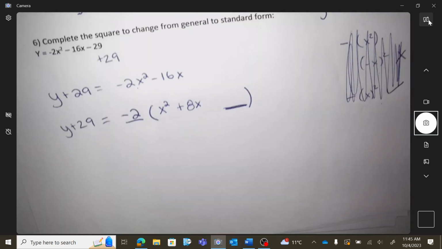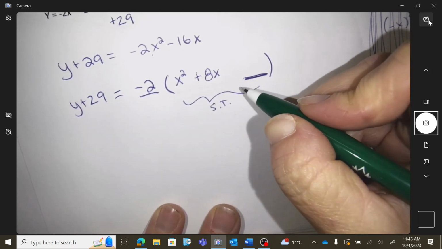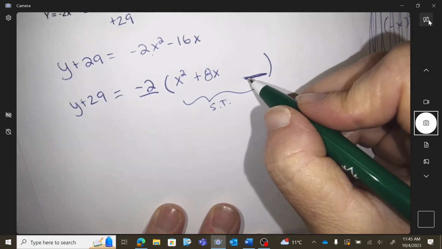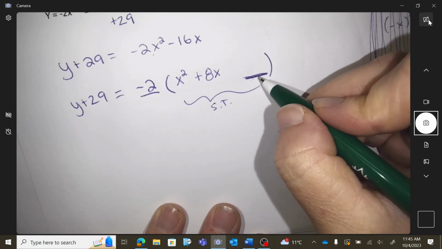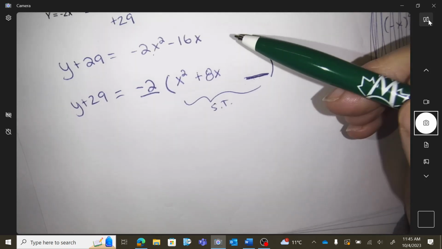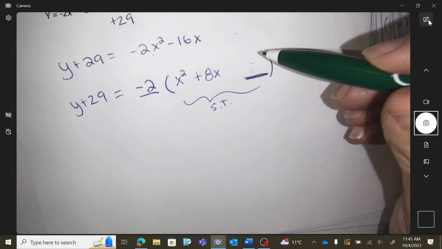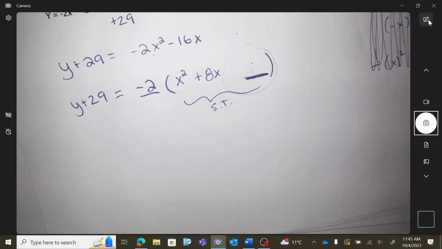So I got my simple trinomial, right? That was my goal. Simple trinomial. What do you want to end your simple trinomial with? So complete the square is only ending on simple trinomials, right? I couldn't do it with the 16. I had to wait. What do you want to put in the end of your trinomial?